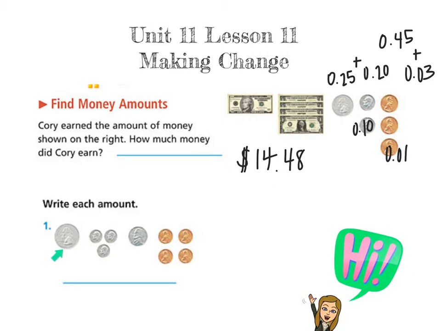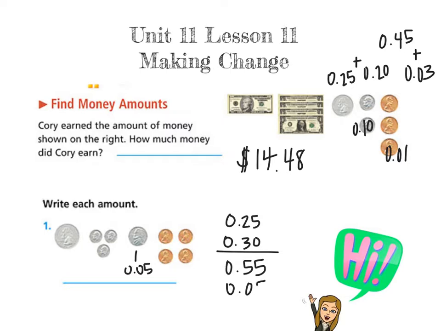Then we have another grouping of coins. So again, we have a quarter worth 25 cents, 3 dimes, each worth 10 cents, so 30 cents together. So far I have 55 cents. Then I have a nickel, which is worth 5 cents. So if I add 5 cents, I'm now up to, if you carry the 1 here, I'm up to 60 cents.